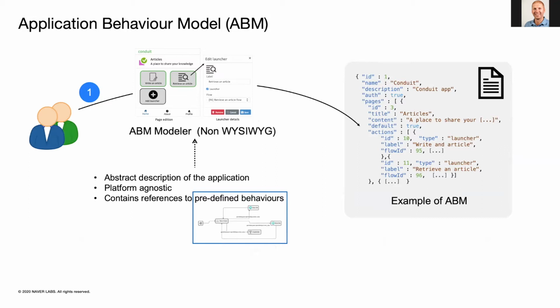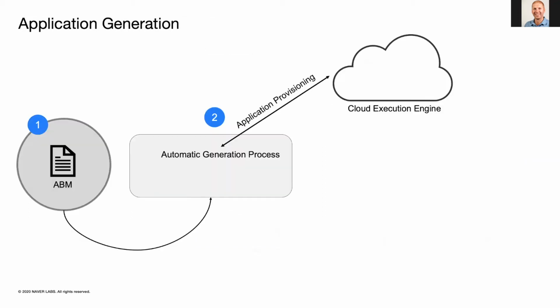Once this ABM is created for an application, it is deployed on the cloud execution engine, where the largest part of the application resides. This is where the backend or the server side, the core of the application executes. When this ABM is deployed there, a token that uniquely identifies this ABM among other ABMs is returned.